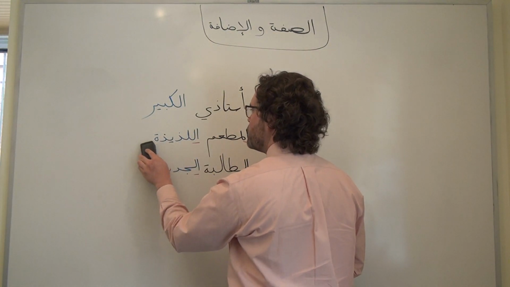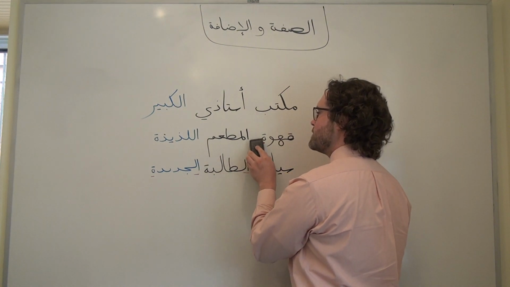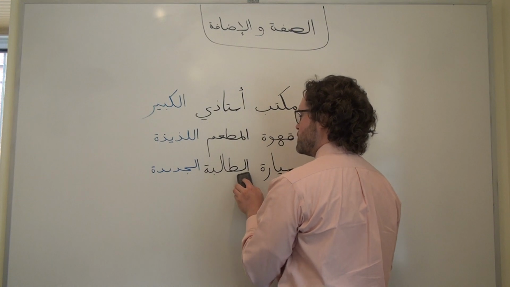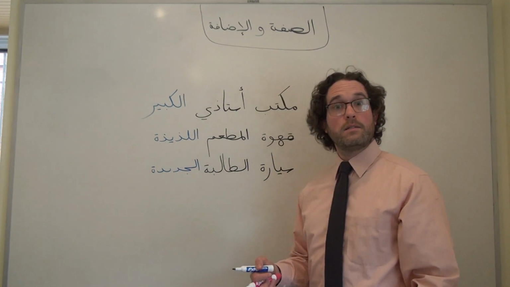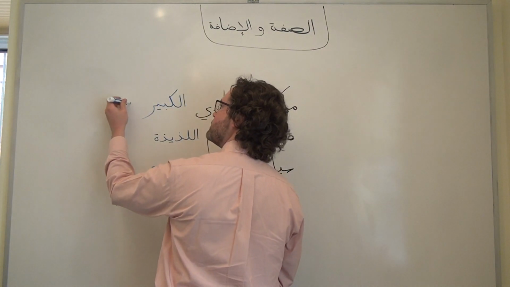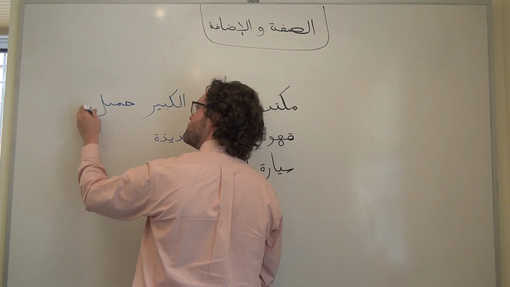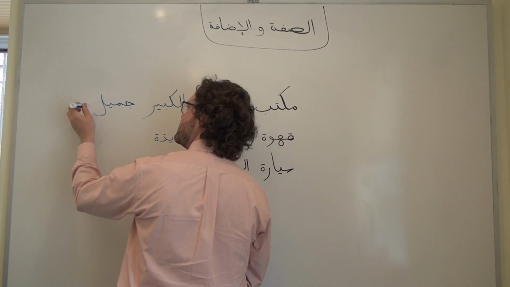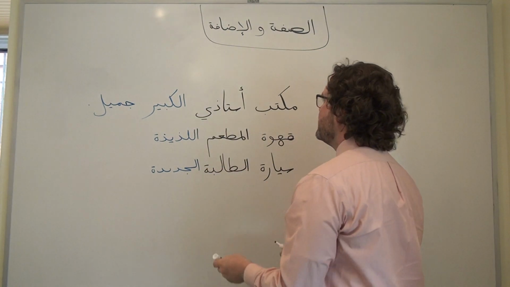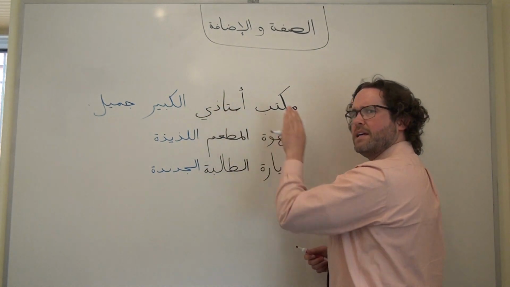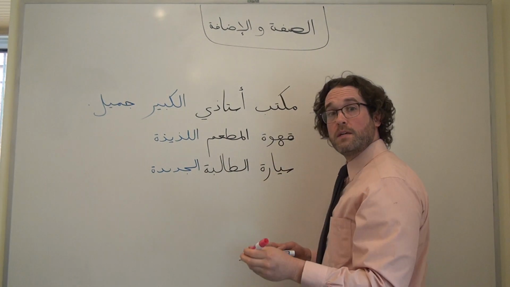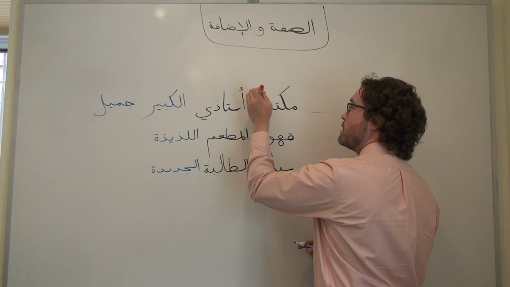So, let me clear this up a little bit. If I wanted to say that my professor's new office is beautiful, then I would add a khabar to the end of this jumla ismiya, nominal, non-verbal sentence, right there. Now, maktab is the beginning of the mubtada. There's nothing else going on at the beginning of this sentence, so maktab is going to be marfu'a.